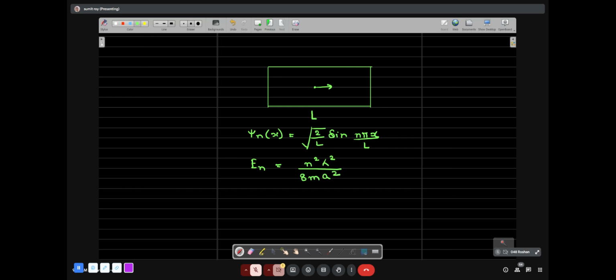If you convert this into h cut, the denominator value will change. With n starting from 1, not 0. So what is the value of psi 1?